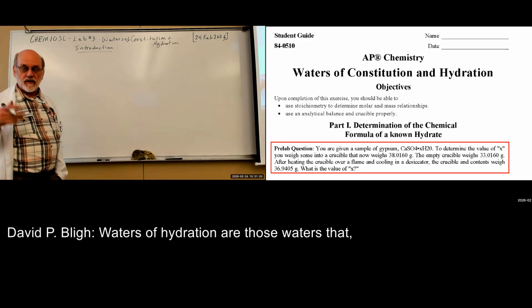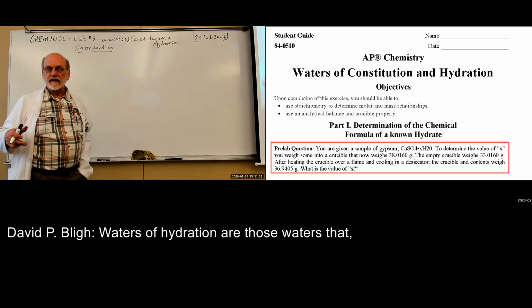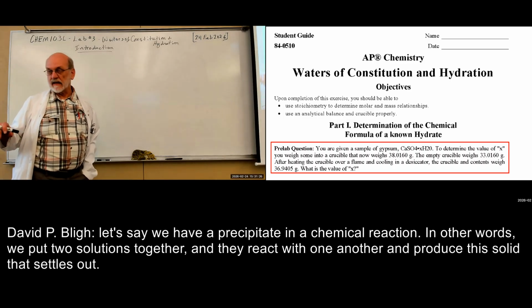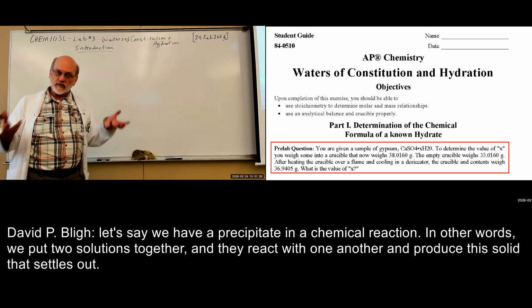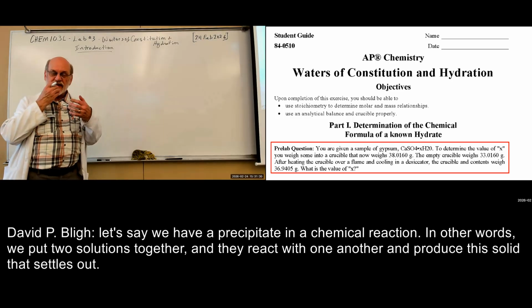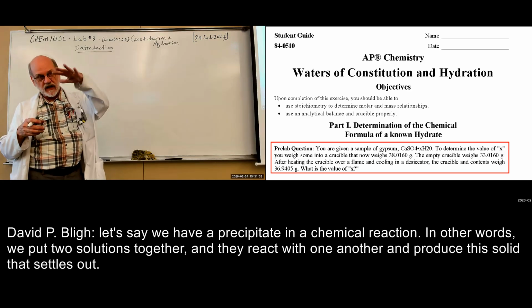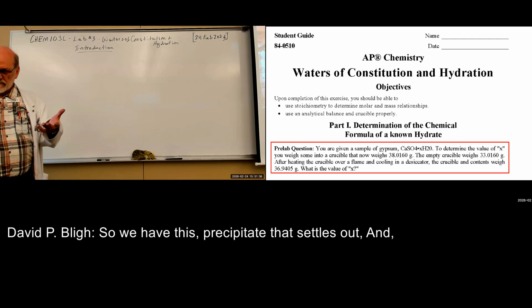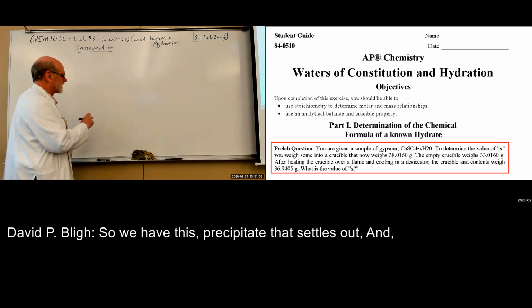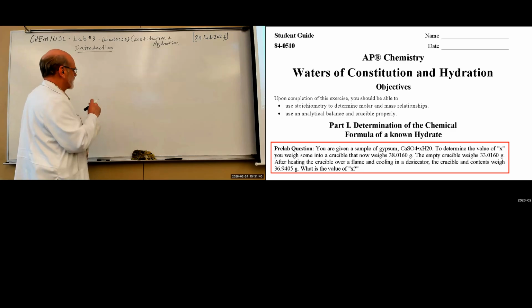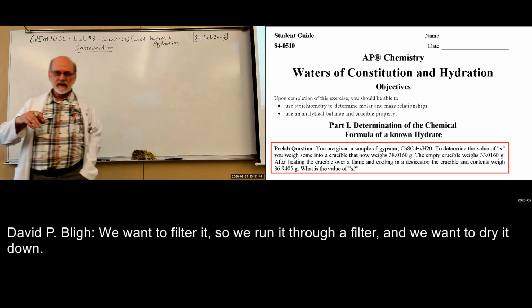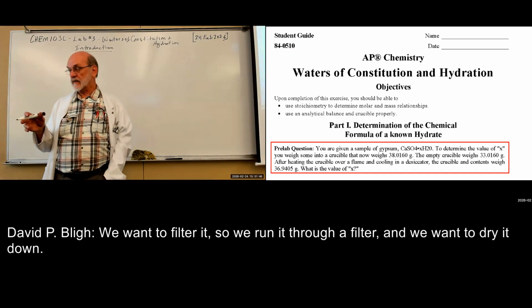Waters of hydration are those waters that, let's say we have a precipitate in a chemical reaction. In other words, we put two solutions together and they react with one another and produce this solid that settles out. We filter it, run it through a filter, and we want to dry it down.